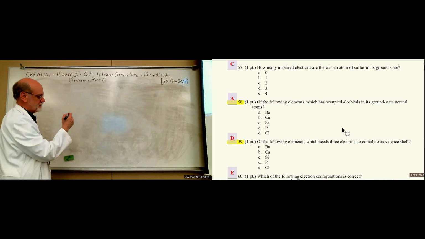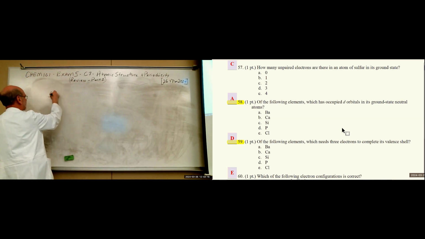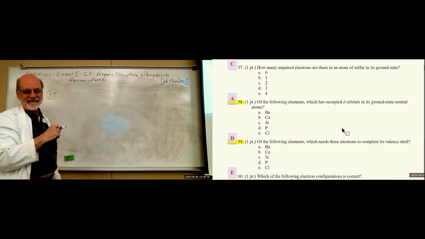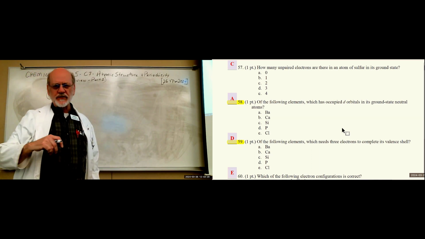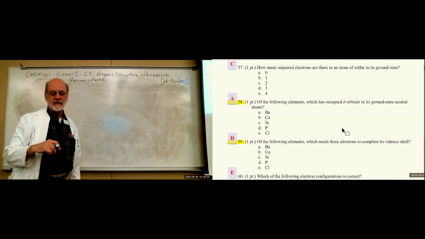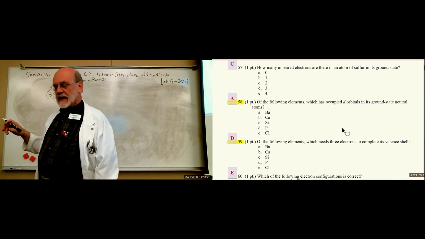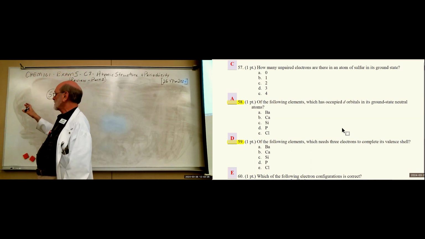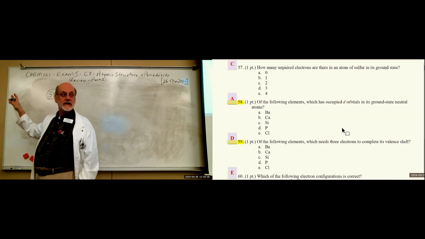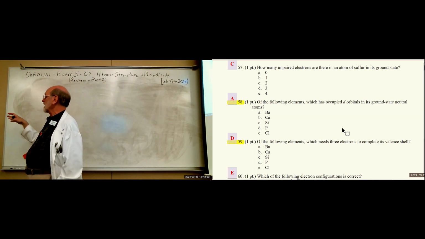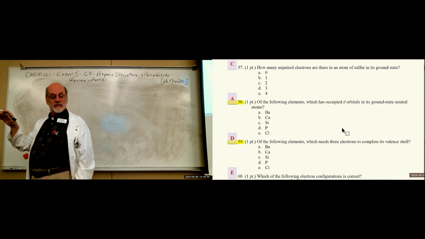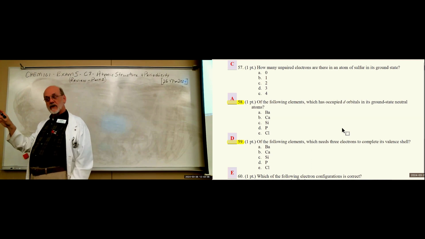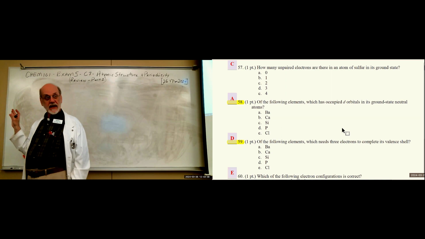59. Okay. Of the following elements, which needs 3 electrons to complete its valence shell? A completed valence shell is going to be noble gas configuration. So which one is 3 positions to the left? Because that way you would add 3 electrons to the valence shell and end up a noble gas.